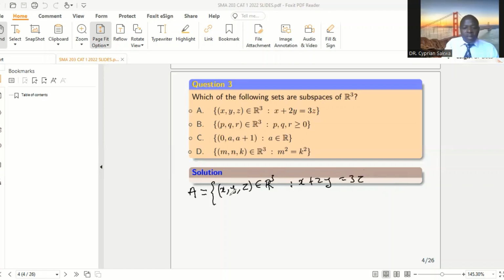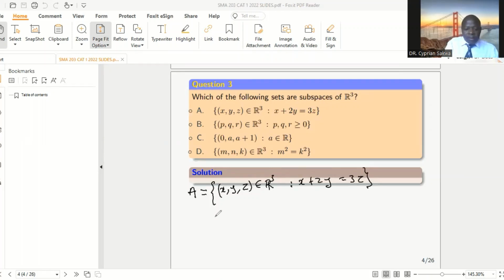So we are not given another condition that must be met by the elements X, Y, and Z, other than that the first element plus 2 times the second element should give you 3 times the third element. That's the only condition that we are given.